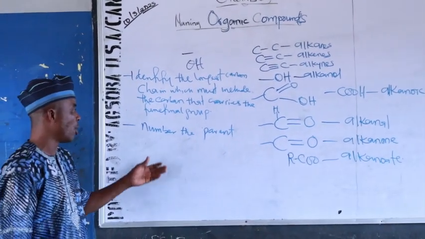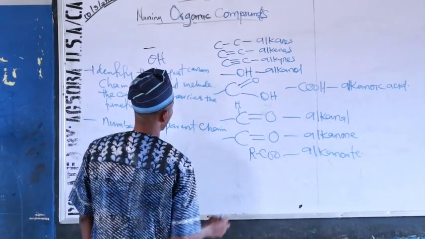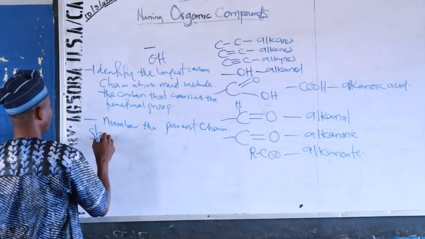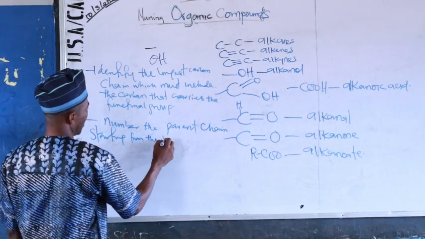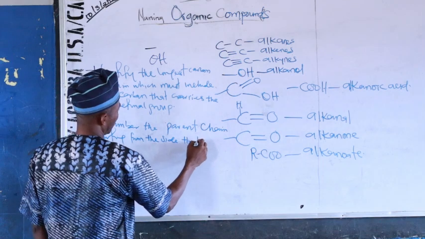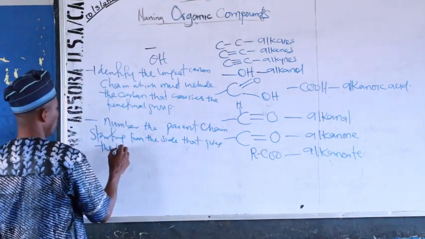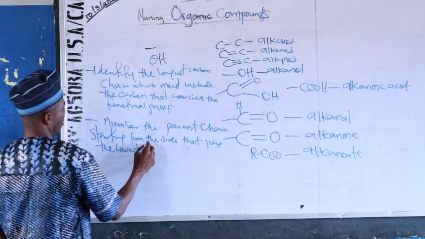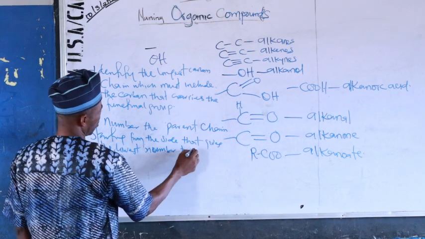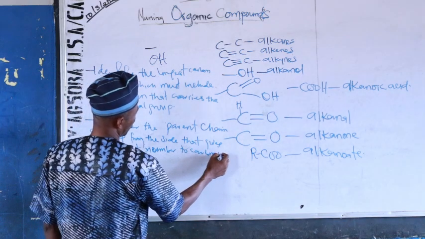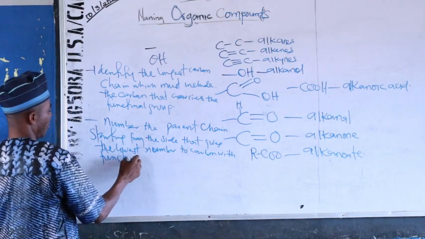Then what we do now, number the parent chain, starting from the side that gives the lowest number to carbon with a functional group.